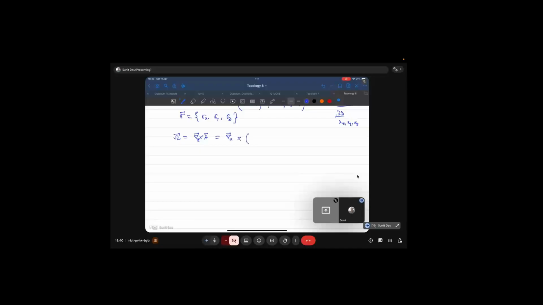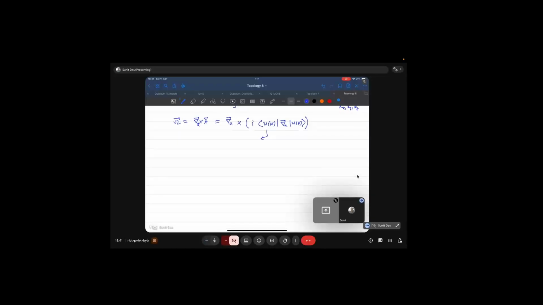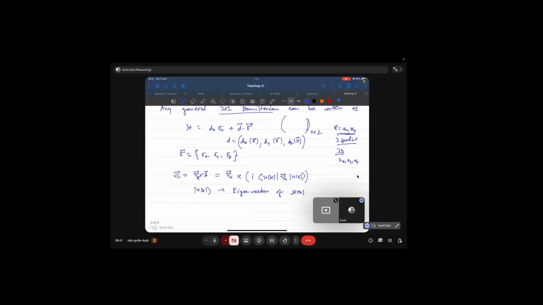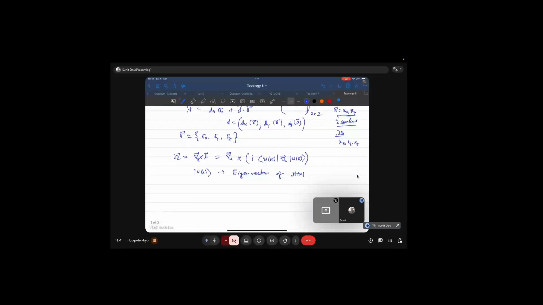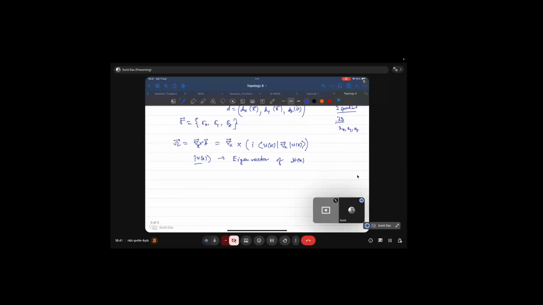The Berry connection is simply given by i u of k times gradient in k of u of k, and this u of k is the Bloch wave function or the eigenvector of h of k. So you diagonalize the Hamiltonian, you get some eigenenergy and eigenvector, so u of k is just the eigenvector.